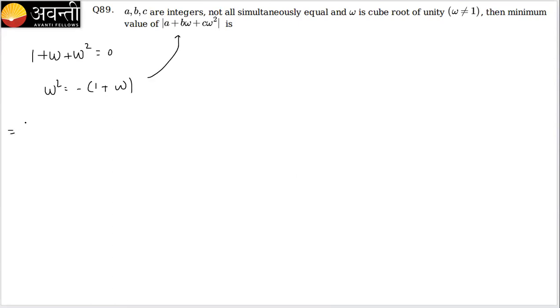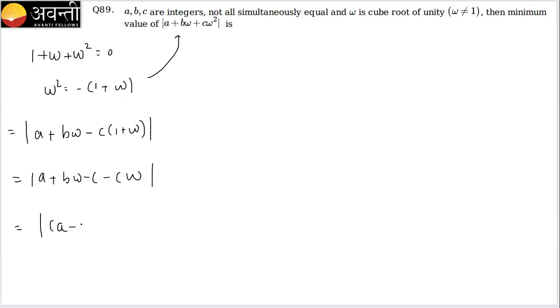So I'll get mod of a plus b omega minus c into 1 plus omega, बराबर, मतलब a plus b omega minus c omega. If I group them, I'll get a minus c plus b minus c into omega.